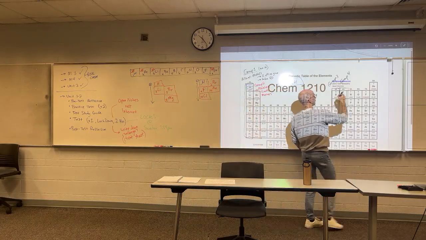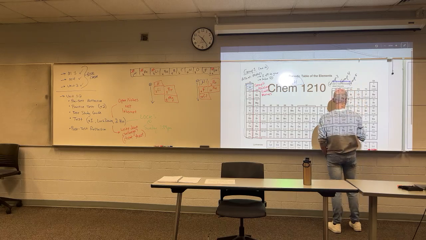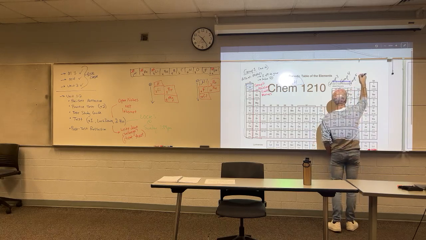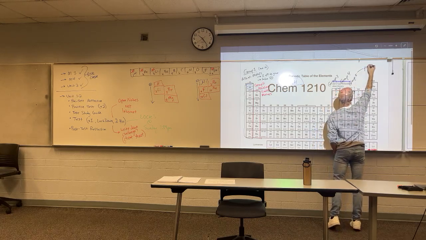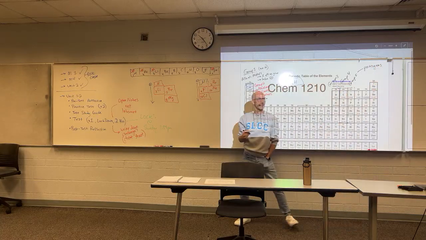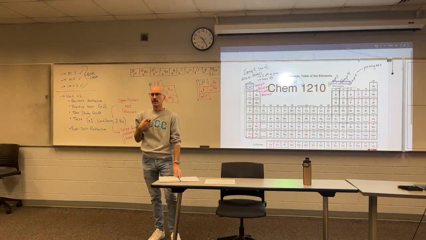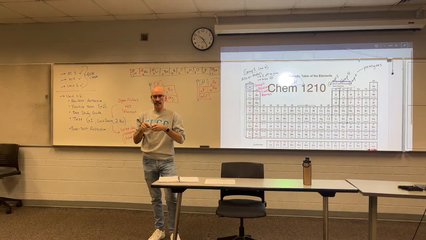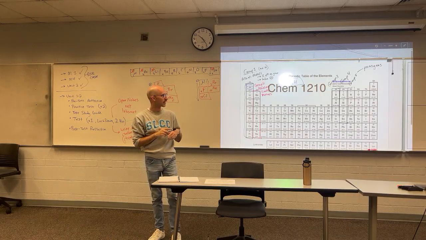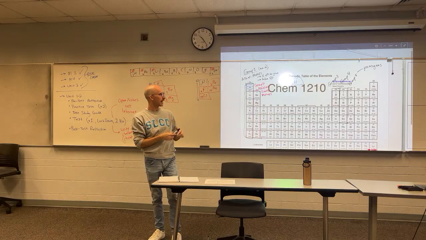Group 5 is called the pnictogens, with that silent P like in pterodactyl. Group 5 is nitrogen's family, so I feel like you can kind of remember pnictogen looks a little bit like nitrogen.